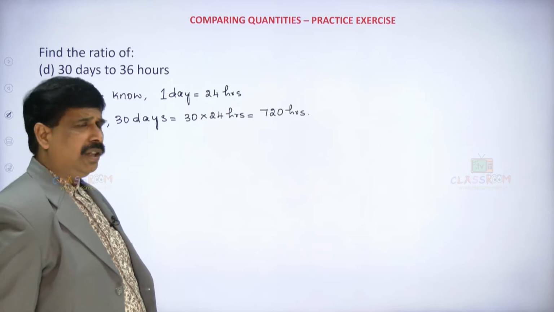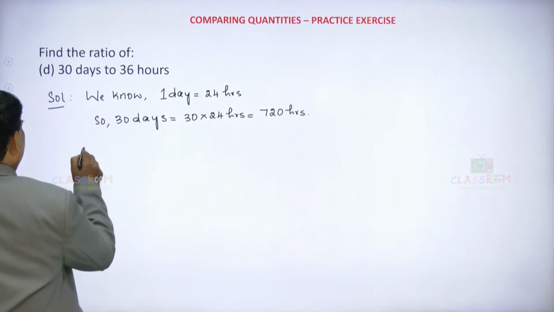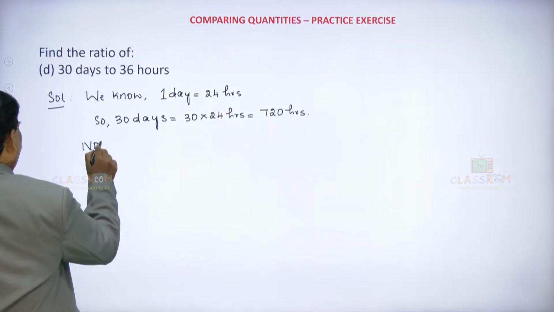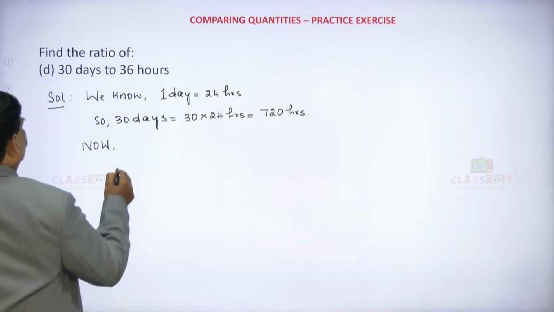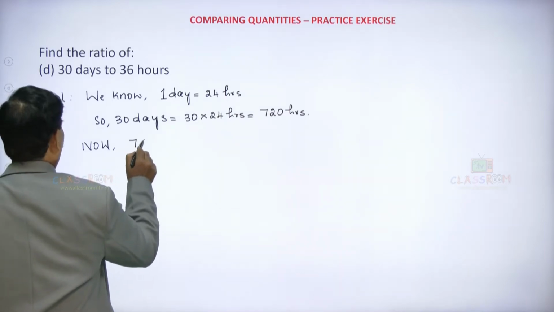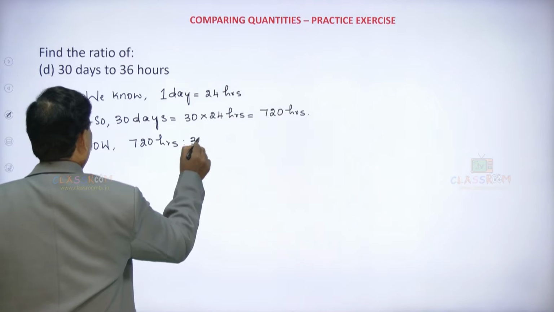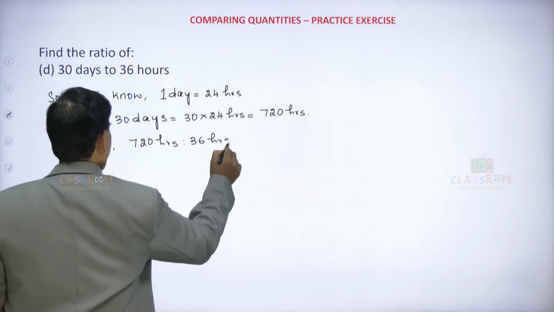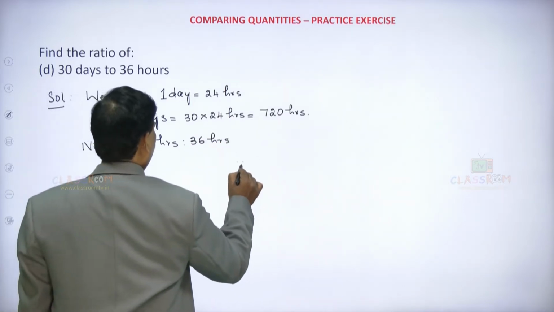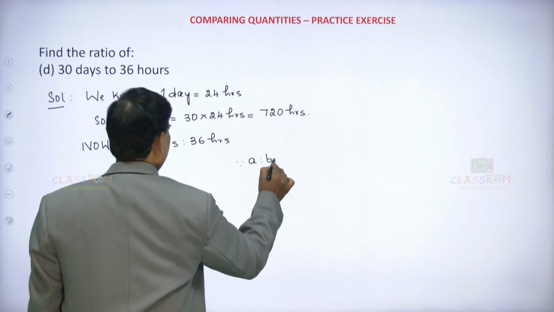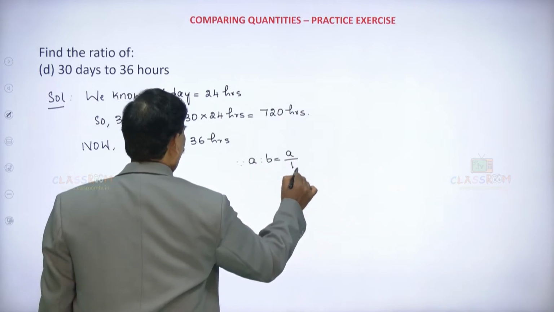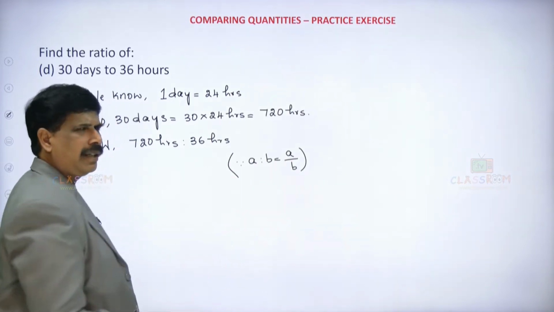Clear? So now what is asked here, as per the problem, he wanted the ratio. So that is 720 hours is to 36 hours. So we know actually A is to B, this can be written as A upon B. Clear?